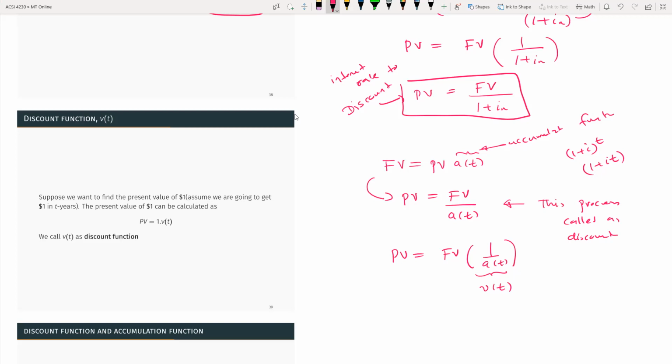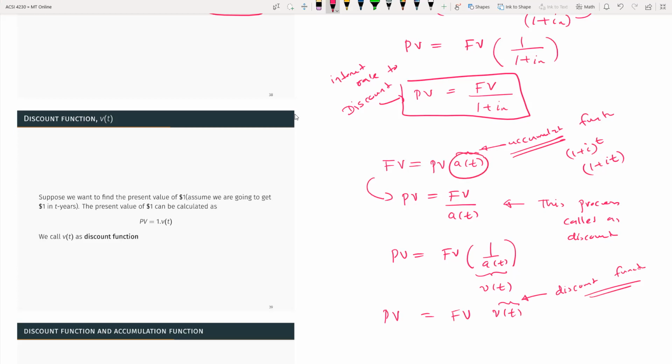So basically you can say present value equals future value times some function. Instead of the accumulation function, this one we call a discount function. So it can take any form.